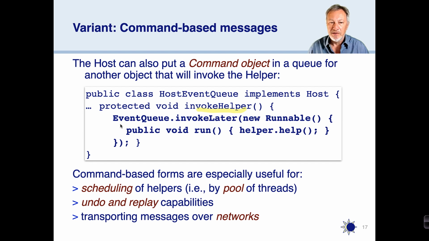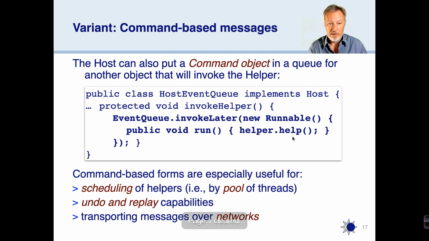What it will do is place a command in an event queue, where this command will be read by some other object, eventually the helper. The object that's being put into the queue is a runnable, and the run method is the method that will actually invoke the helper.